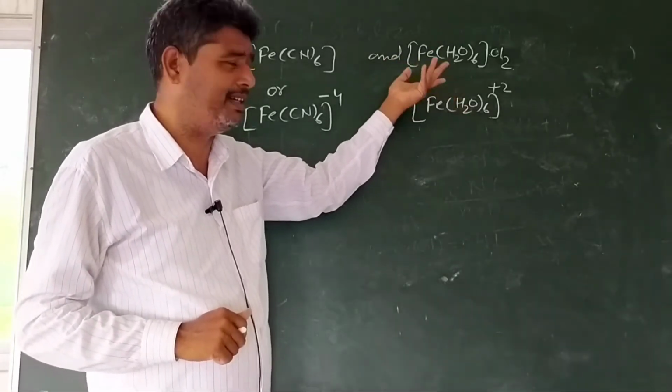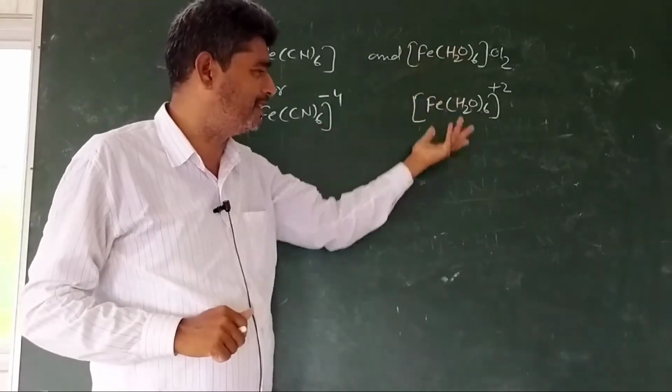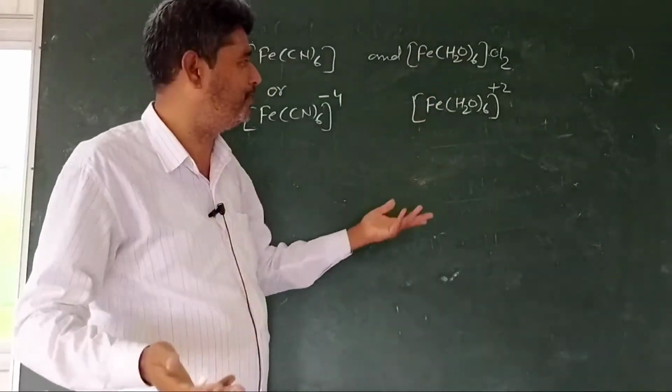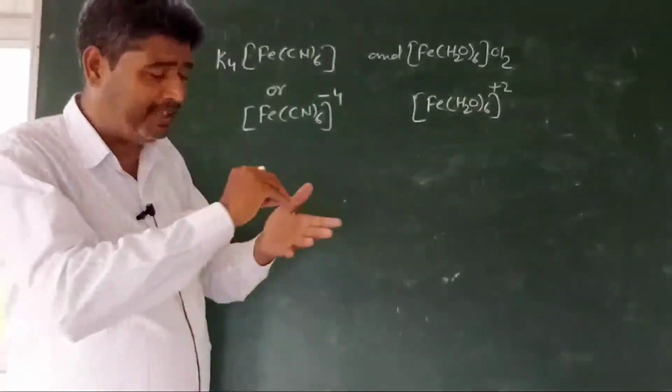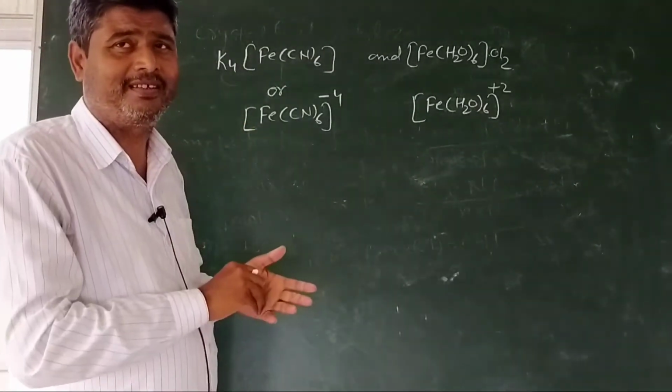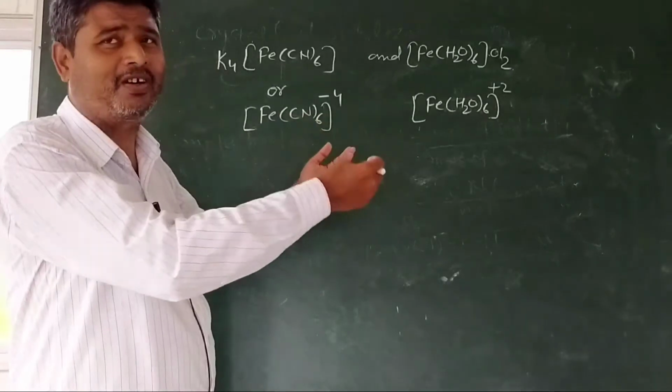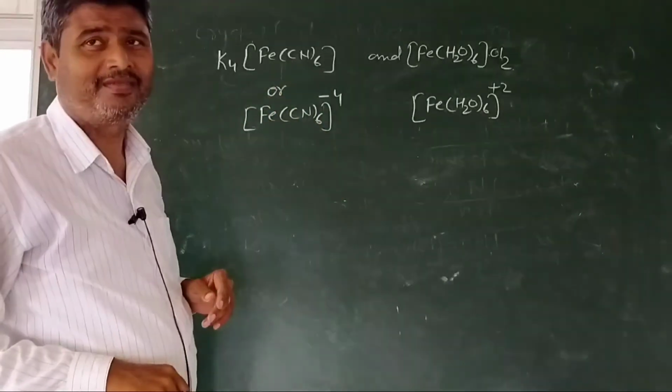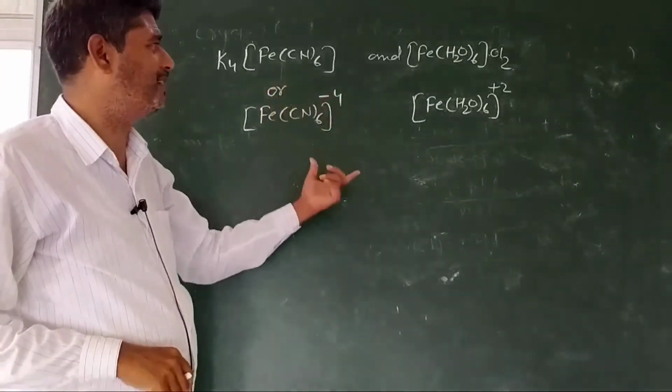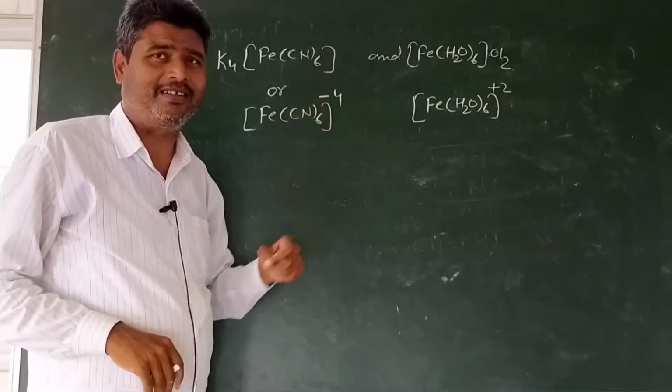On that basis, the coordination number for this compound will also be 6. Being coordination number 6, it belongs to octahedral. It is clear that the given compounds are octahedral.